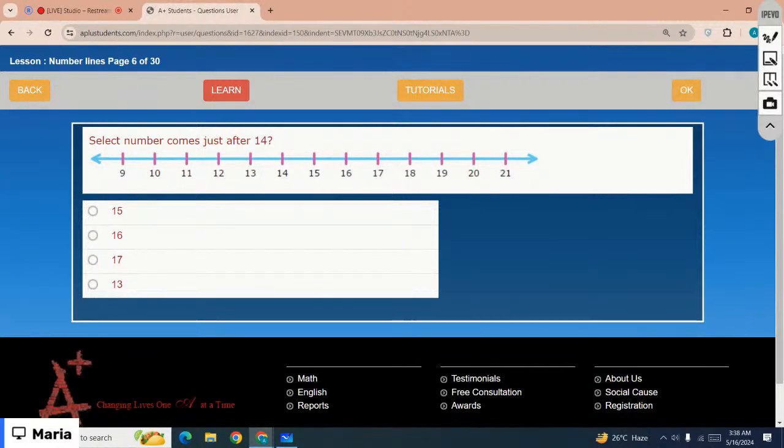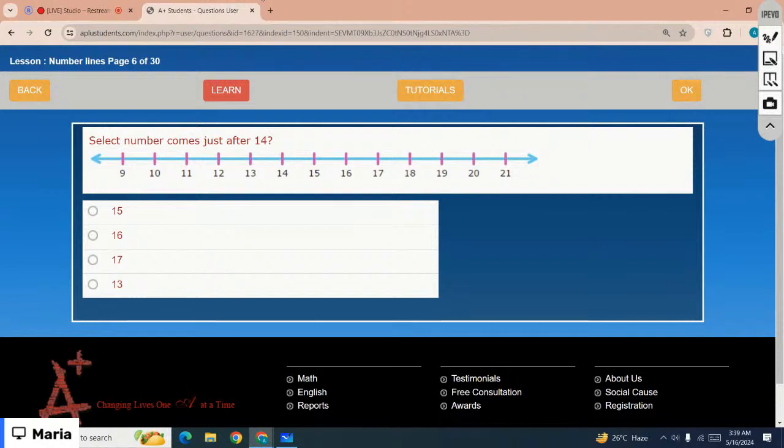Select the number that comes just after 14. So which is the correct option? The correct option is... just after 14 you have 15.